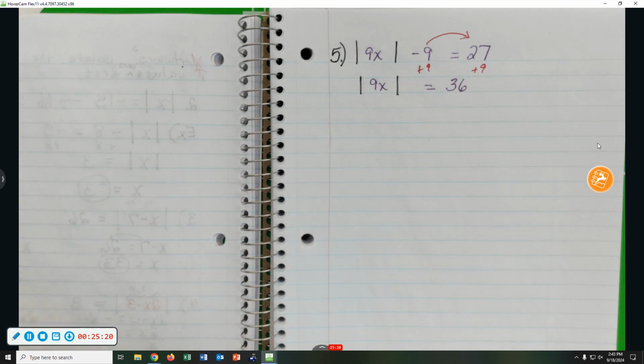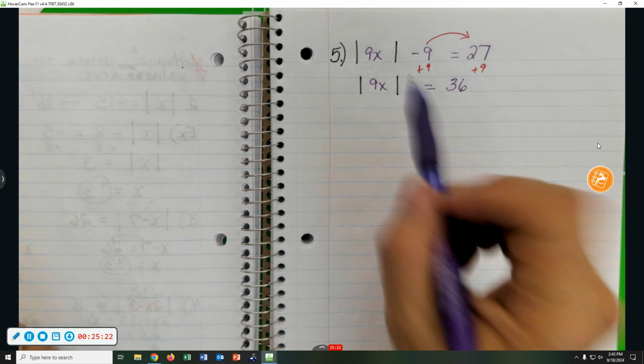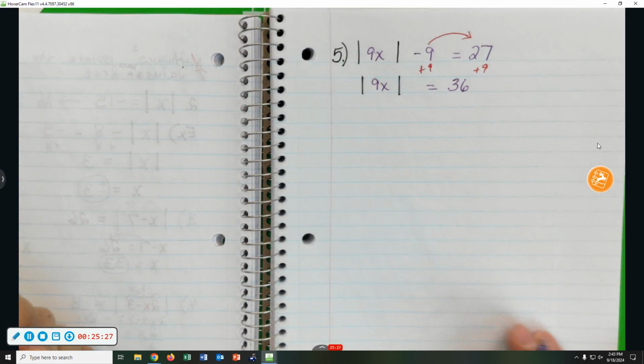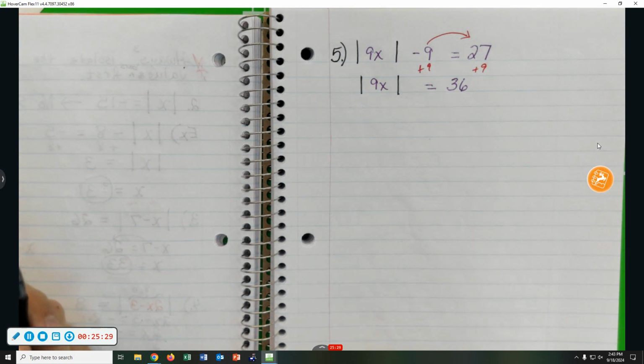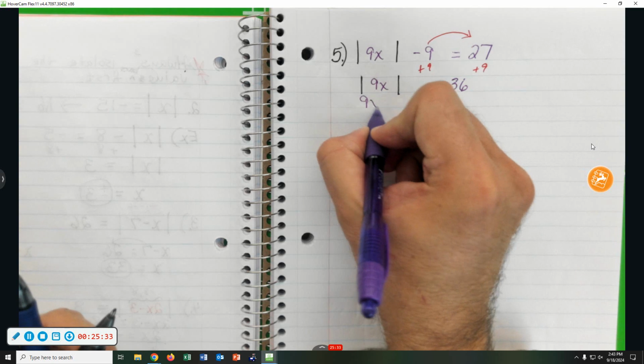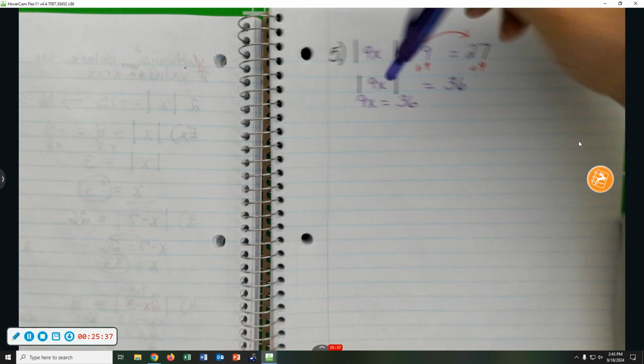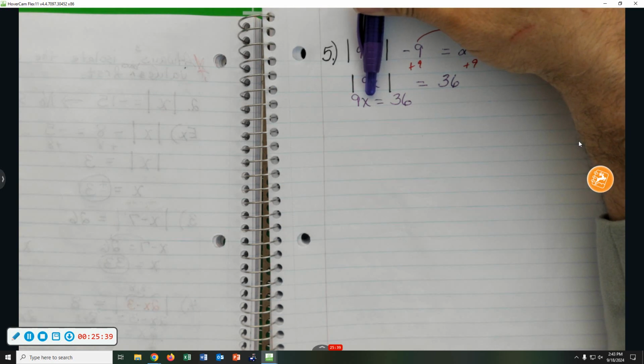So what am I going to do now? I take the 9x, set it equal to 36. First, what are the only two numbers that can be inside the absolute value bars?